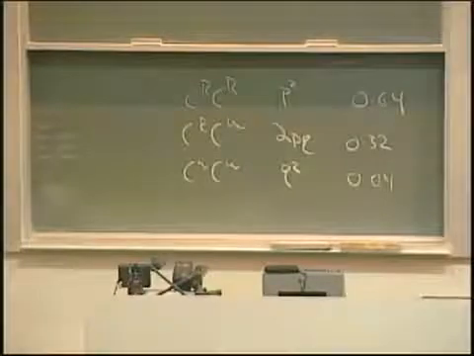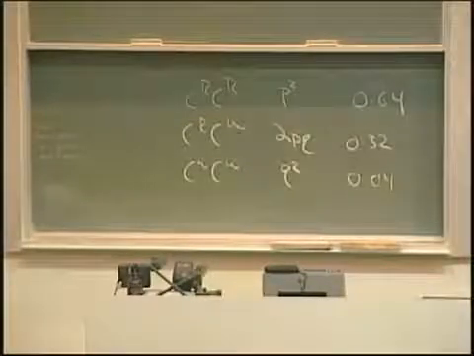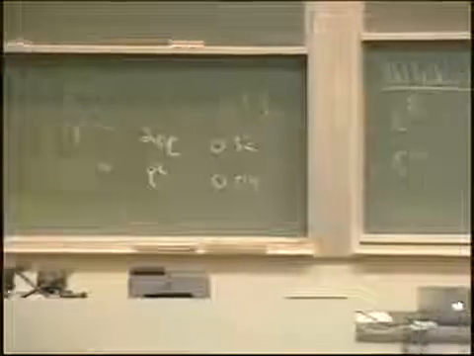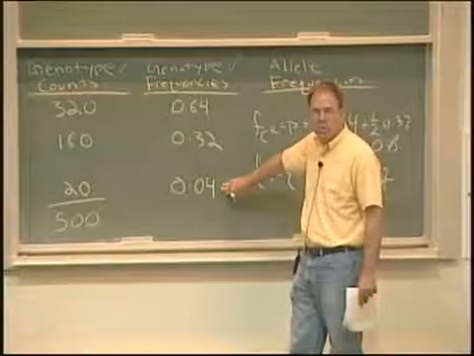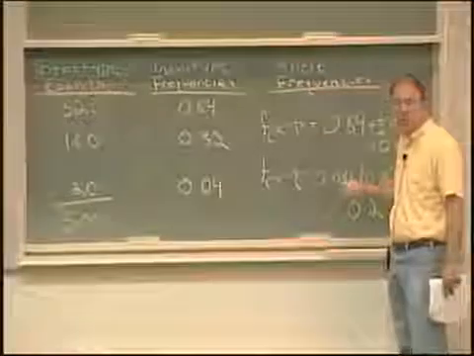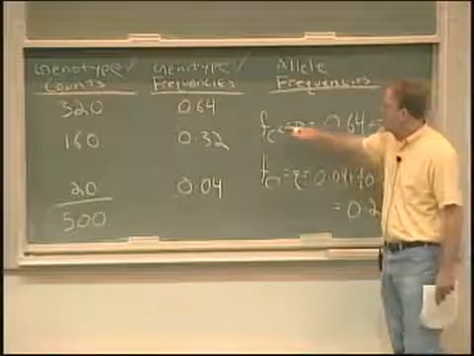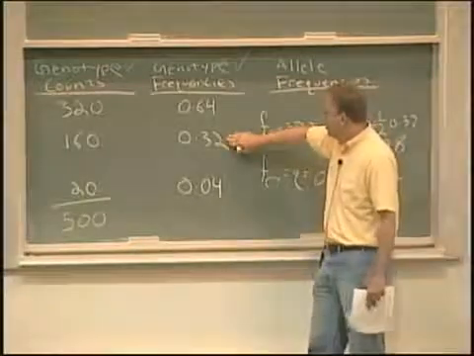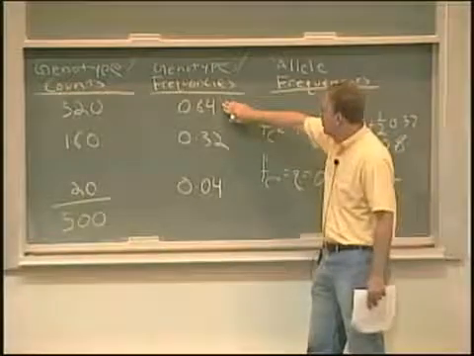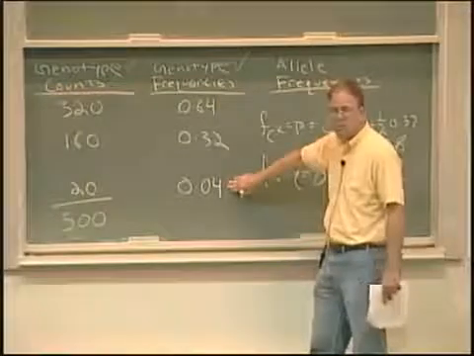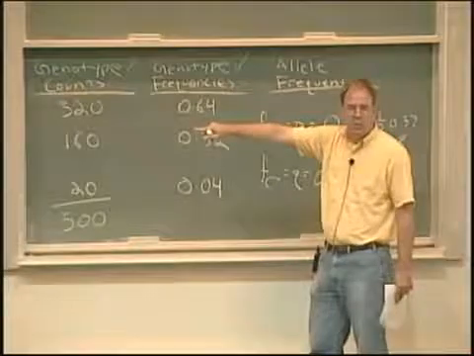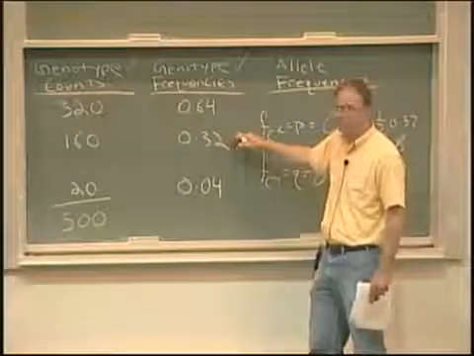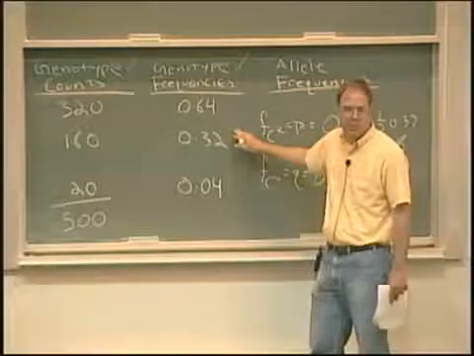Okay? Now, we could imagine a situation where, let's say, the frequency of these individuals was 0.8, 0, and 0.2. Okay? What would the allele frequencies be? Well, they would be the same, right? They'd still be 0.8 and 0.2. But if there were no heterozygous individuals, 80% homozygous here and 20% homozygous for CW, then you would still get the same predicted Hardy-Weinberg frequencies, and yet you would say that this population was not in Hardy-Weinberg equilibrium because there was a strong deviation.